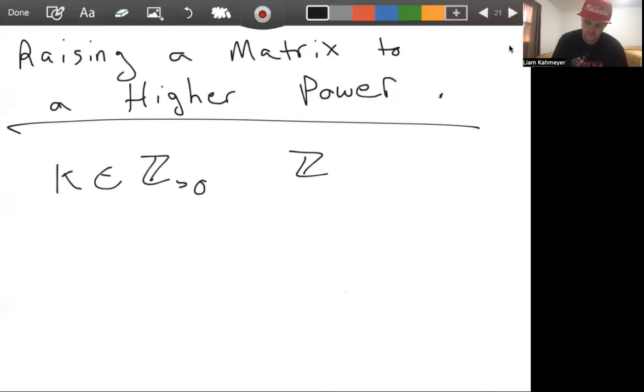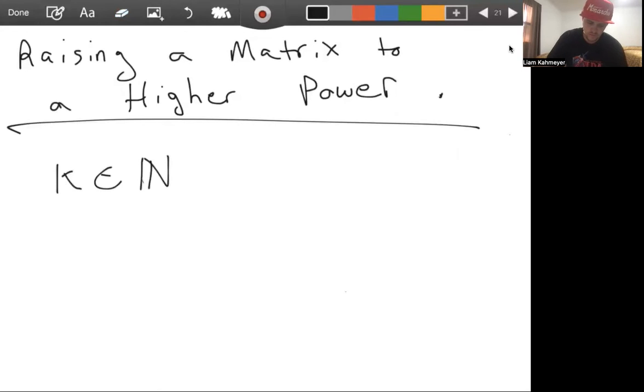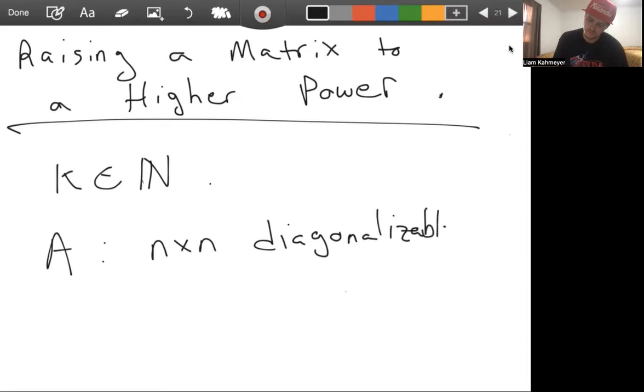This is the set of n in Z such that n is positive, so I guess I could just say the natural numbers. That's a little more natural. And then let's say we have a matrix A. This is going to be an n by n diagonalizable matrix.